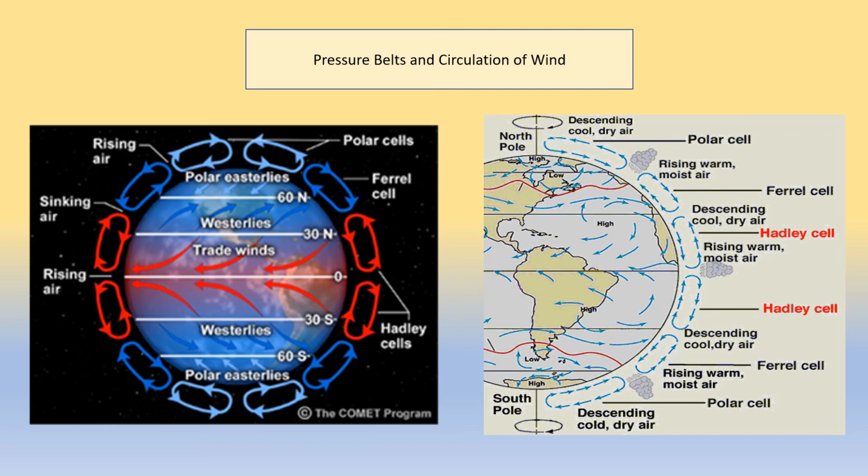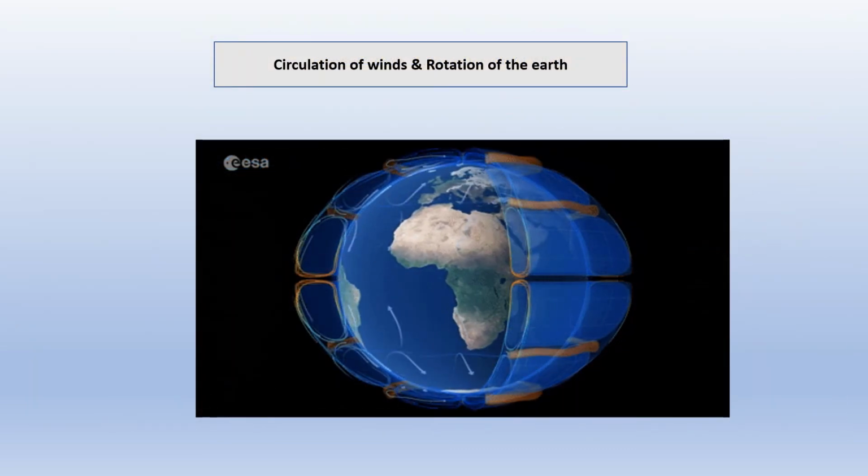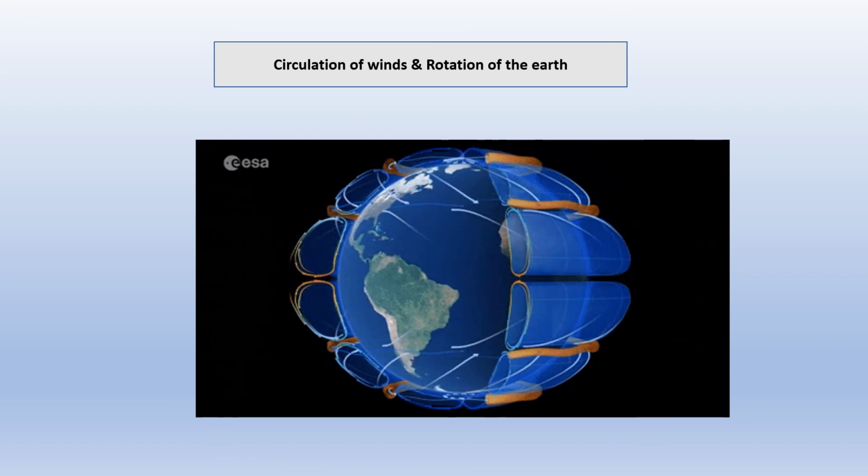Now this rising air becomes cool, and it is dry weather which is experienced. Another cell which is developed is the Ferrel cell, which is the rising warm air, which is a moist air which develops as it mixes with the cold air and gives precipitation in the temperate lands. Now let us see the circulation of wind and the rotation of the earth.